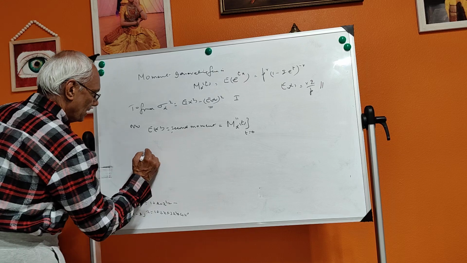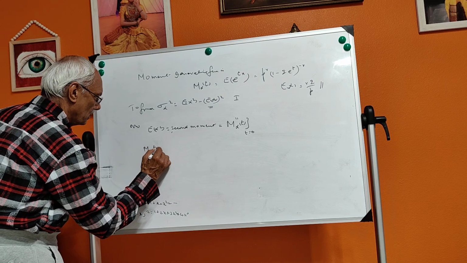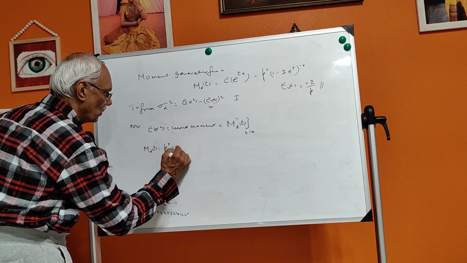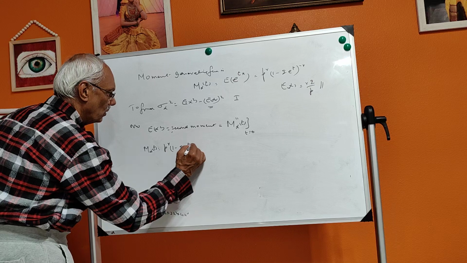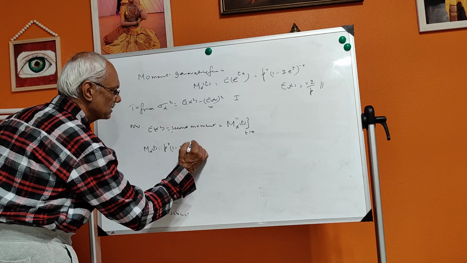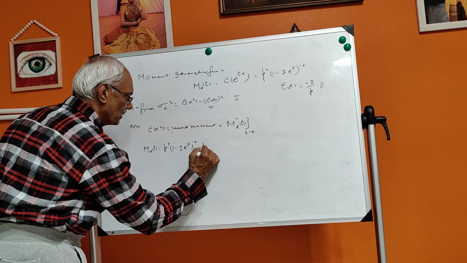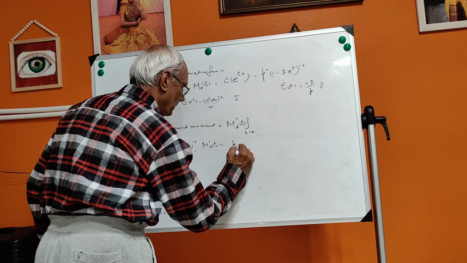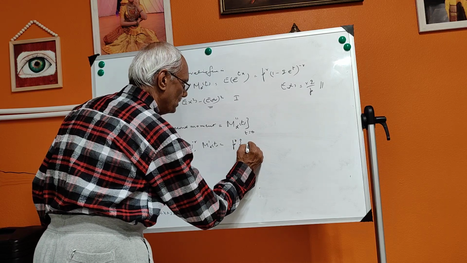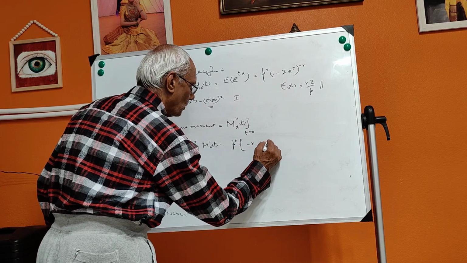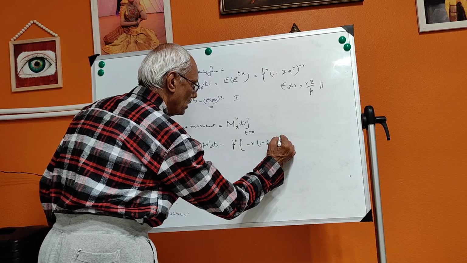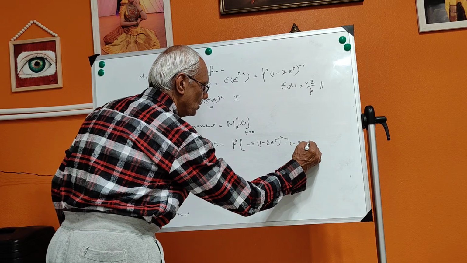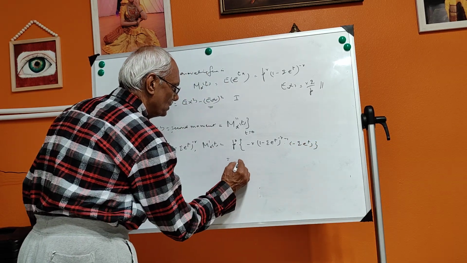M_X(t) is equal to p^r (1 - q e^t)^(-r). M'_X(t) is equal to p^r into (-r)(1 - q e^t)^(-r-1) into (-q e^t).